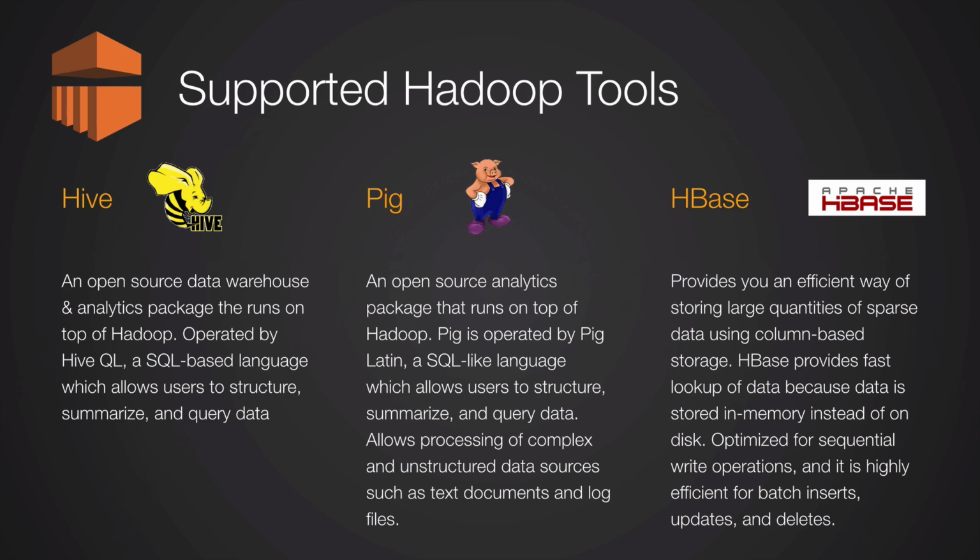Pig is another commonly used open source analytics package that runs on top of Hadoop. This uses a language called Pig Latin, as you probably know, which is another SQL-like language that allows users to structure, summarize, and query data, as well as SQL-like operations. There's further support for MapReduce functions and user-defined data types, and this allows for complex processing of complex or unstructured data sources such as text documents and log files.